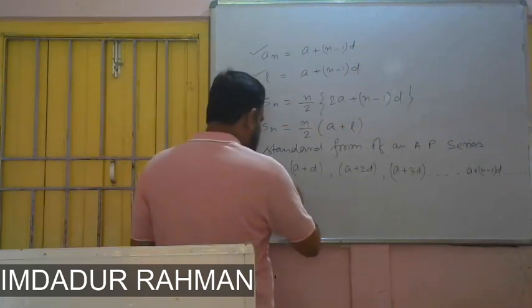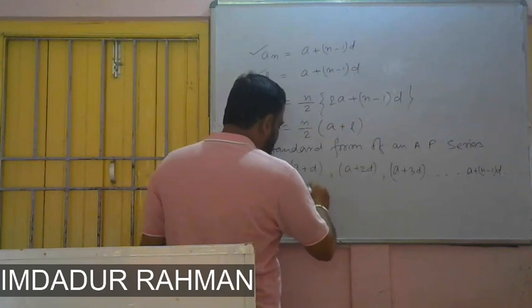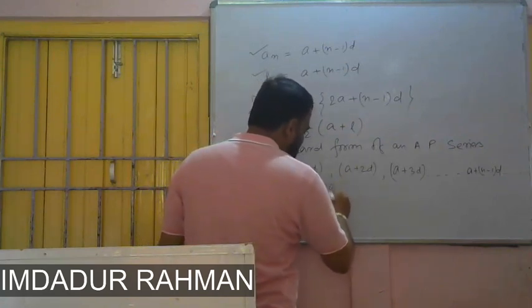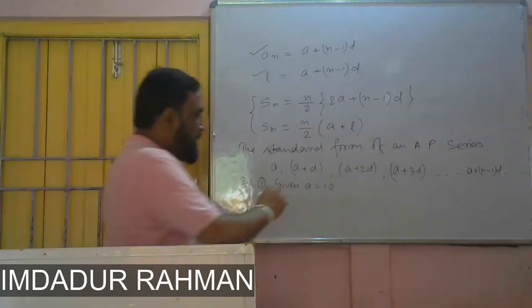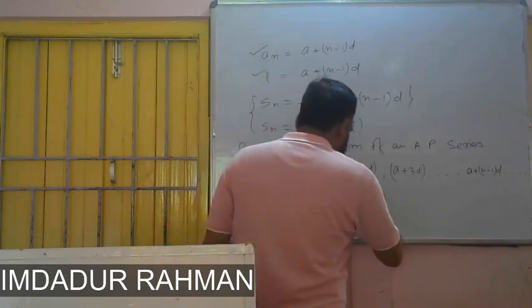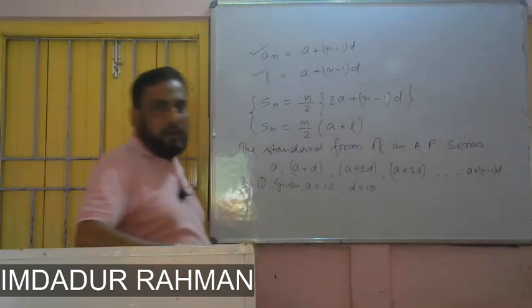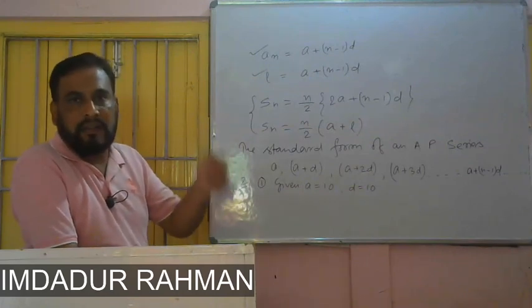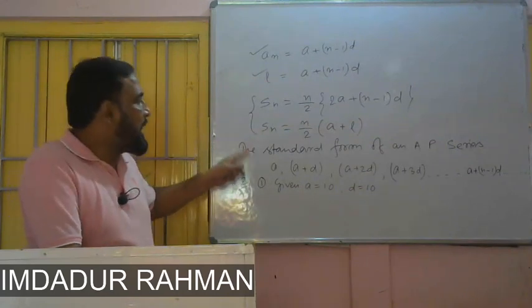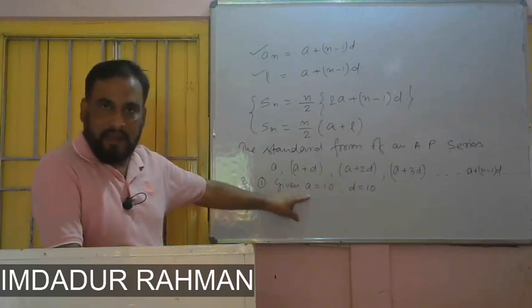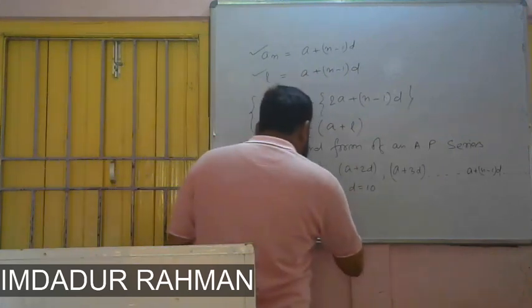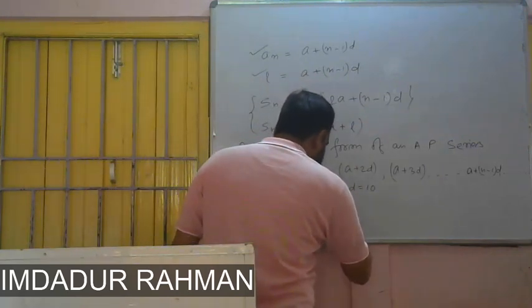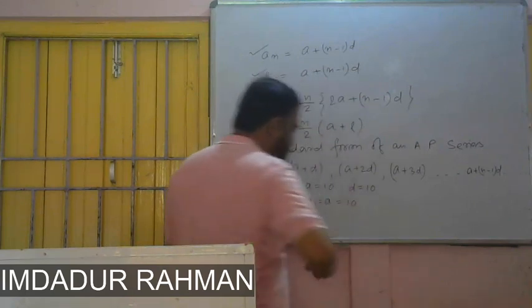Given A is equal to 10 and D is equal to 10. We have to write the first 4 terms, that is A1, A2, A3 and A4. I said A1 and A are the same, that is the first term. So A1 is equal to A, 10.